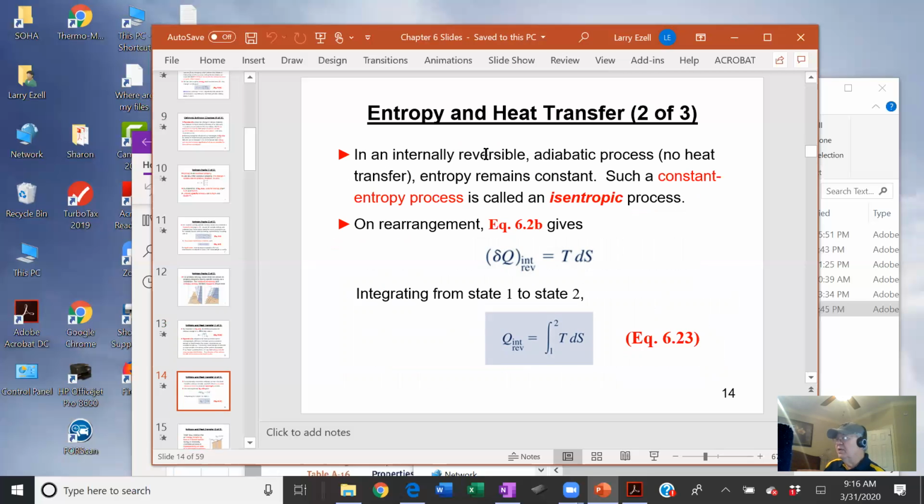All right, in an internally reversible adiabatic process, it's reversible, so there's no friction, no heat transfer across a finite temperature difference, no internal leakage, no bearing loss, no I²R losses, no irreversibilities, and it's an adiabatic process, no heat transfer. That means entropy must remain constant.